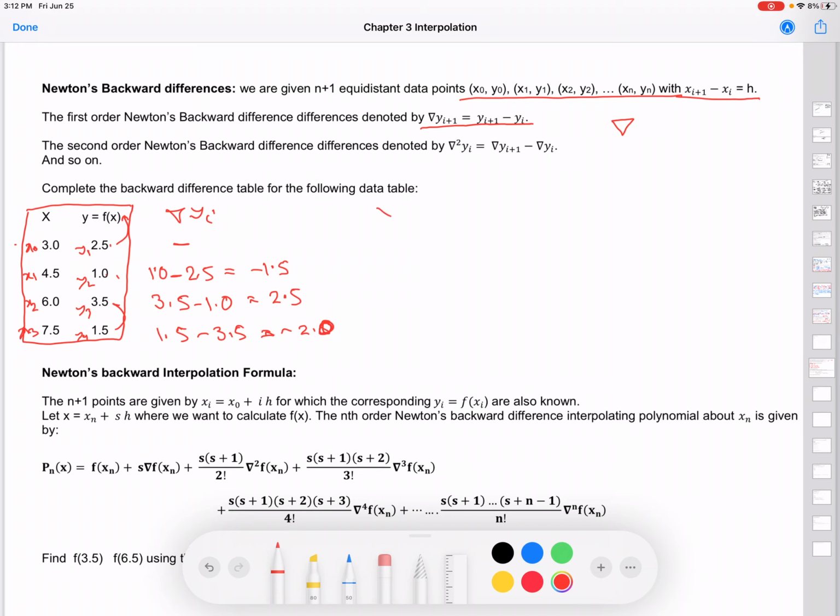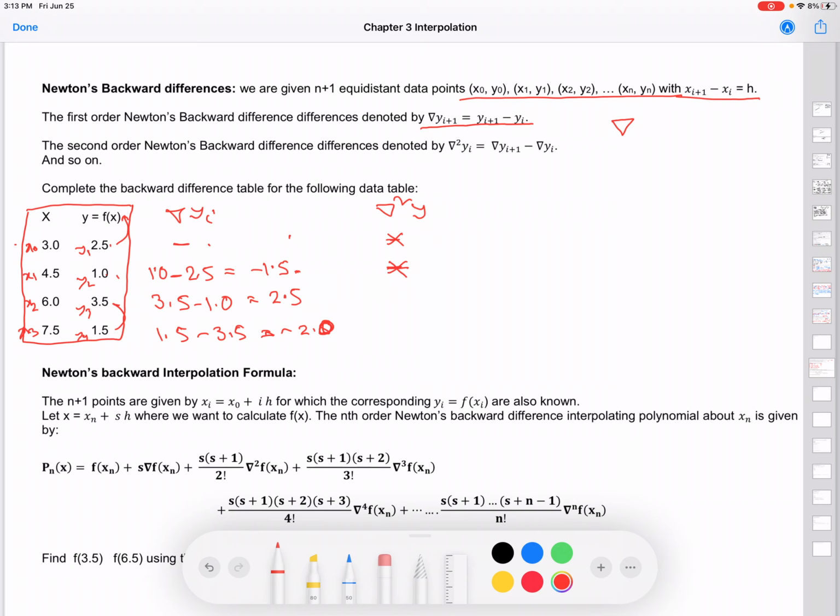Now we are going to calculate the second order backward difference. When we are at this position, we don't have a current value here, and we also don't have a backward value, so you cannot calculate at this point. At the next position we have a current value, but we don't have a backward value, so you still cannot calculate the backward difference.